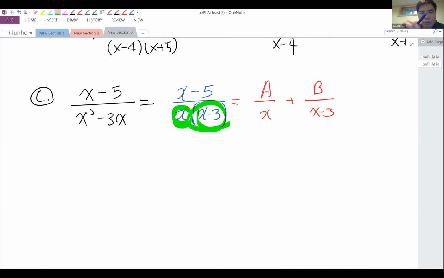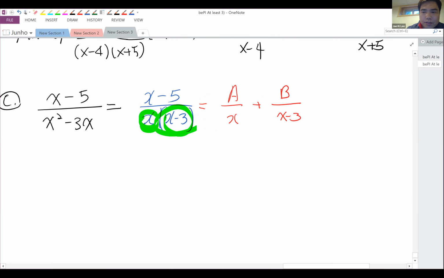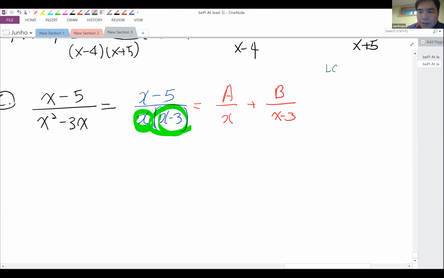Now the same thing, we are multiplying by the LCD. In this case, the LCD becomes x times (x minus 3). So you multiply everything by it.